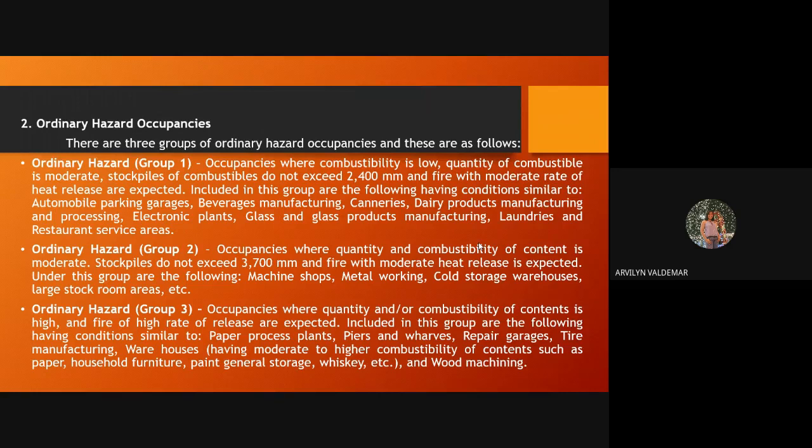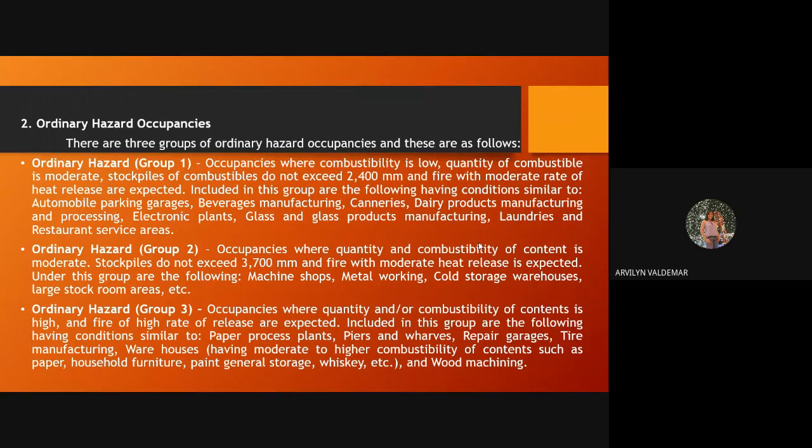Next is group 2: occupancies where quantity and combustibility of contents is moderate. Stockpiles do not exceed 3,700 millimeters and fire with moderate heat release is expected. Under this group are the following: machine shops, metalworking, cold storage warehouses, large stock rooms area.